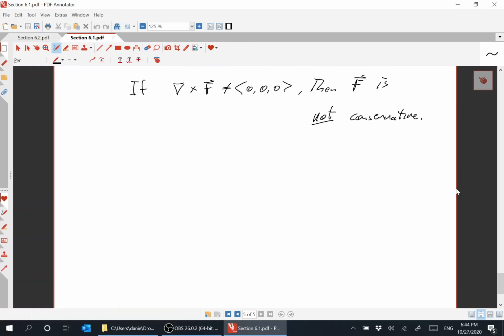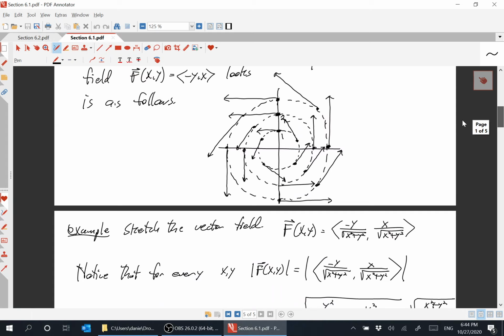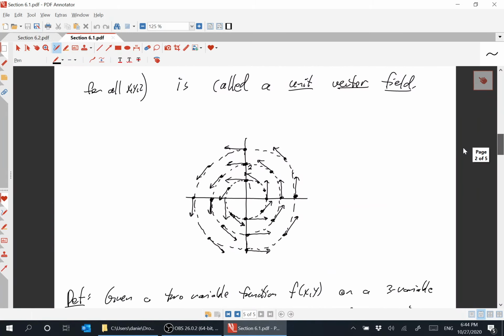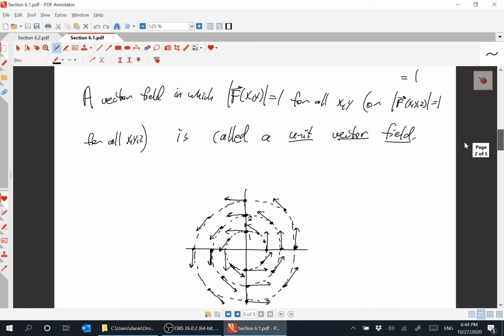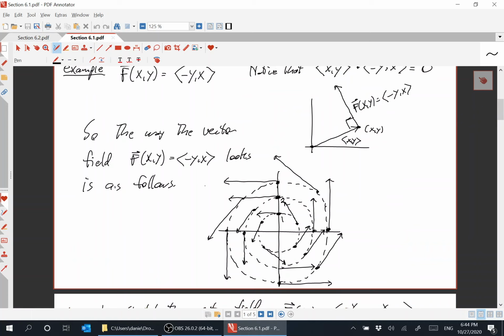That whirlpool vector field, where did it go? There it is. Should we do that one? That one's going to be more difficult. So here's the picture of the vector field.